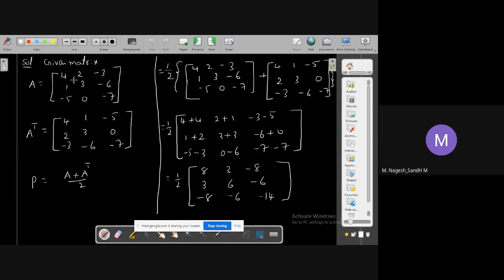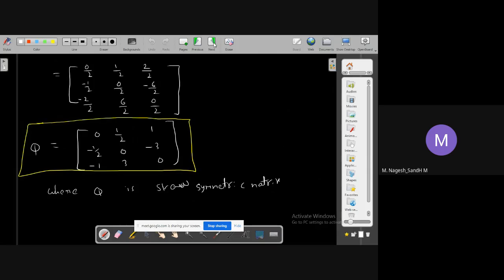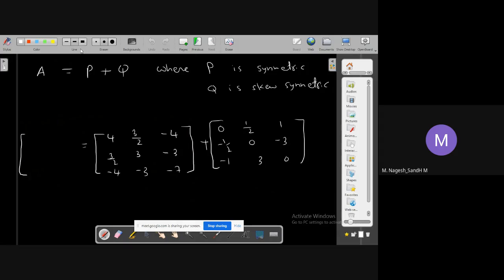A is equal to 4, 2, minus 3; next 1, 3, minus 6; next minus 5, 0, minus 7. That we will write here. Then you will get the clear picture of what we did.